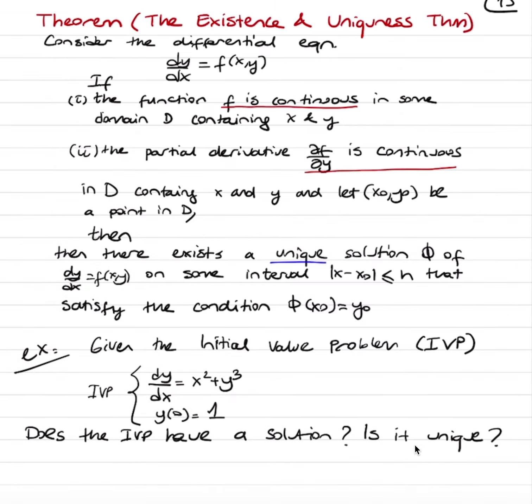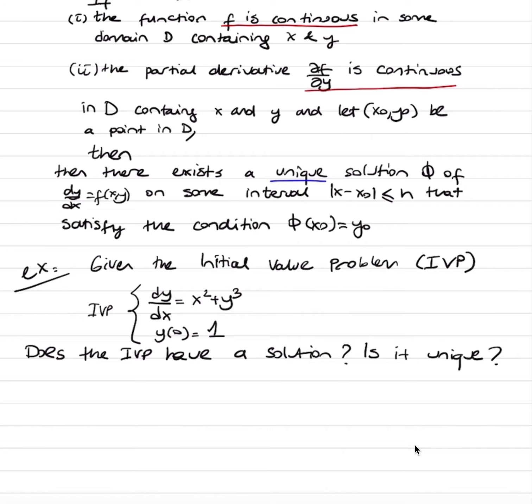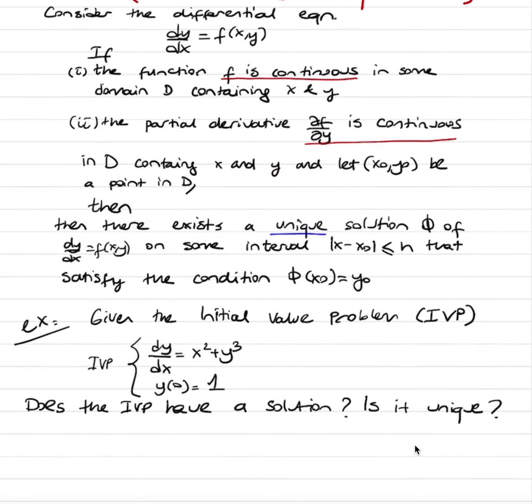So what the existence and uniqueness theorem says: dy over dx is, so this is our f of x, y. Our given f of x, y is equal to x squared plus y cubed. So we only need to check the continuity. So this is continuous, right? There is no problem.